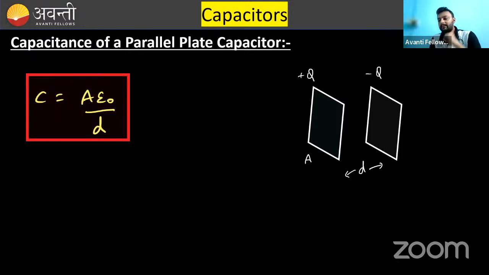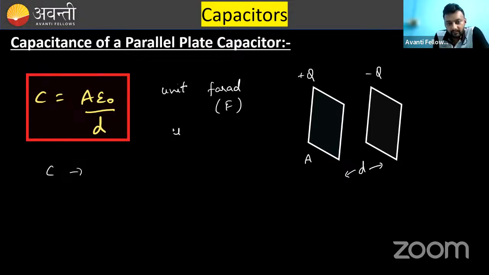So the capacitance of a parallel plate capacitor is A epsilon naught over D. I think you can remember this relation. Again, you can see capacitance depends on geometrical parameters, and its unit is, anybody knows, the farad, denoted by capital F. Generally, you will see microfarad and nanofarad, sometimes picofarad.